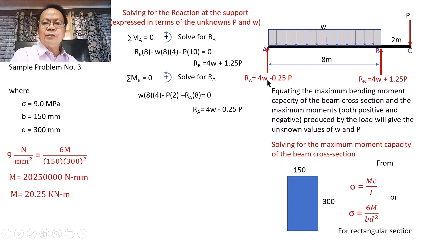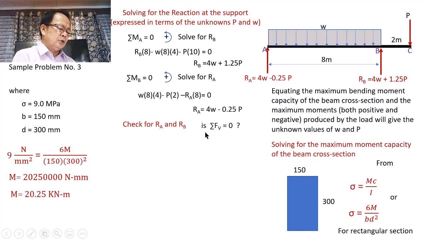So, paano natin i-check yung ating reaction kung tama? So, we apply the other condition of equilibrium, that is summation of force vertical, that must be equal to 0. So, we have to check for RA and RB. So, how do we check it? So, yung summation of force vertical natin equal to 0.